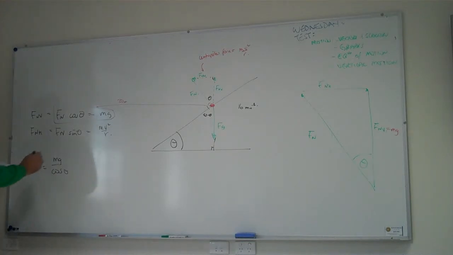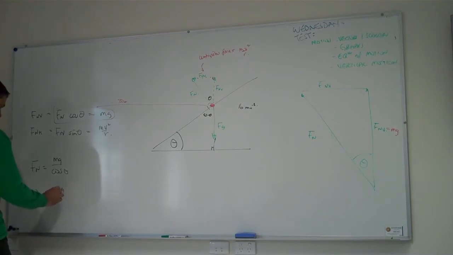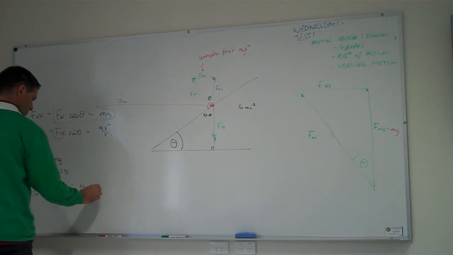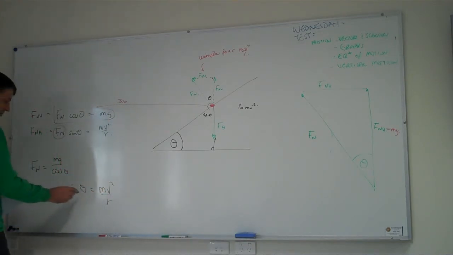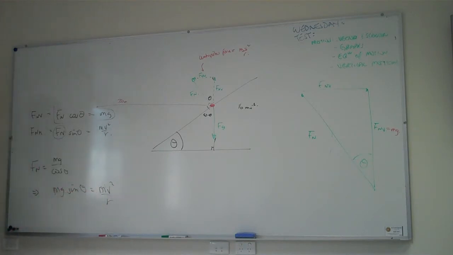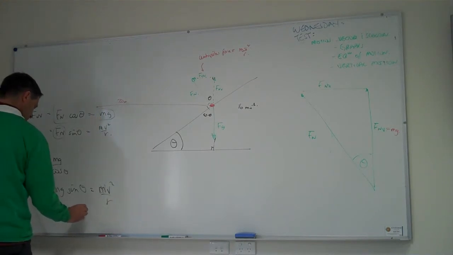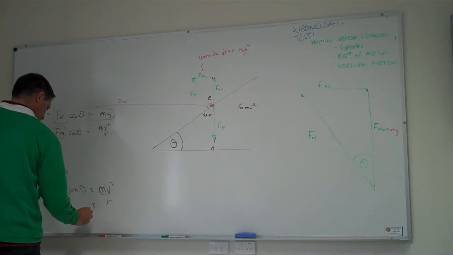We put that into the second equation, and we replace that one: mg sine theta on cos theta equals mv squared on r. And the beauty about this one is that it's independent of mass. The masses cancel out on both sides.